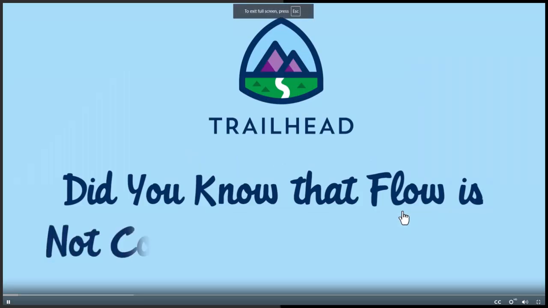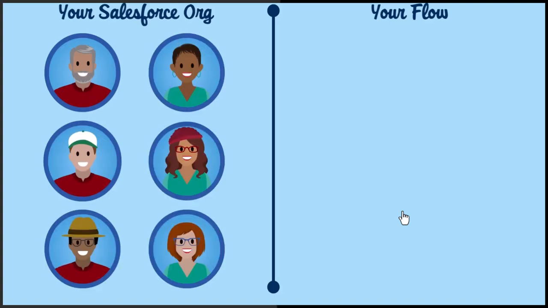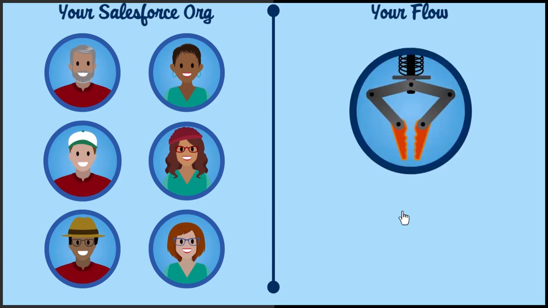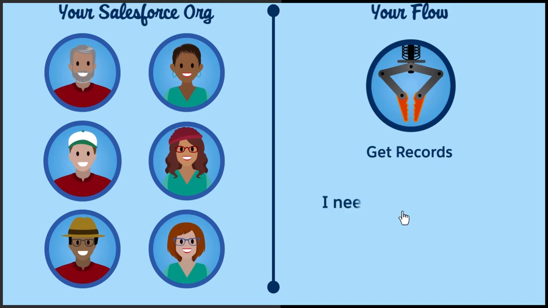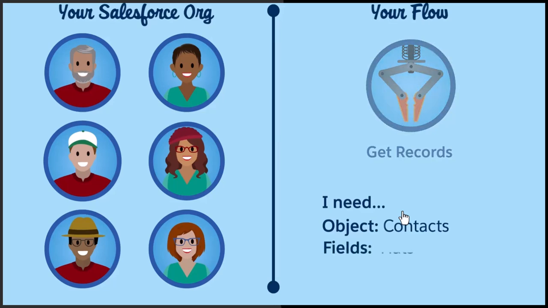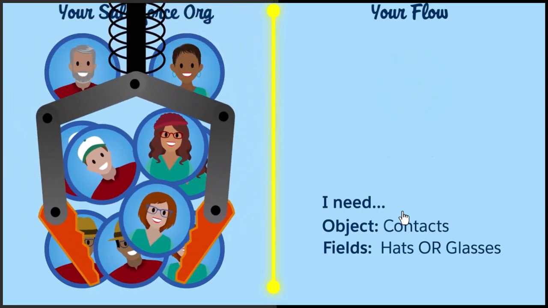Did you know that Flow is not connected to your data? Flow has no idea what's going on in your Salesforce org. So how do we get data into a flow? If only there were a data element to help us get data into Flow. Oh wait, there is. In order to pull information into Flow, we use the getRecords data element. GetRecords allows you to choose an object to get records from, and even set criteria to decide which records to get. You can get one or many records to work with. Within the record, you either get all the fields or select just the fields you need.